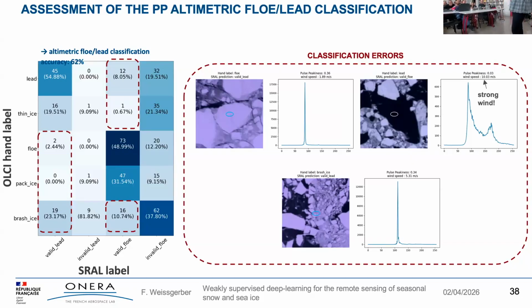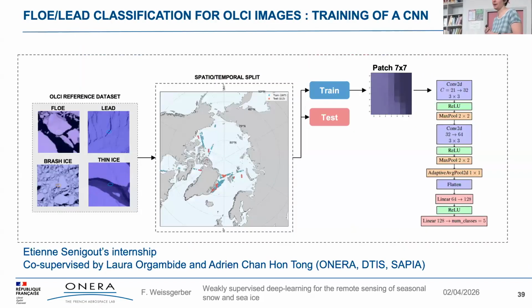So you have a lot of weird phenomena. And before the synchronization of OLCI and SRAL, we couldn't see all this information, and we couldn't know that that was happening, even if people were already thinking that it could, but it was hard to verify.